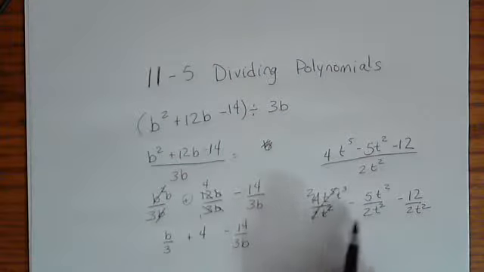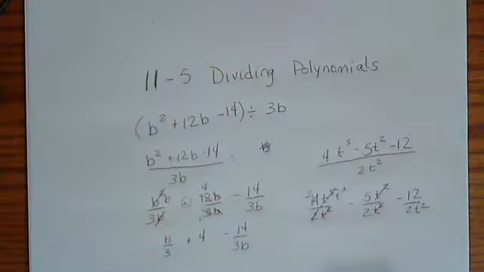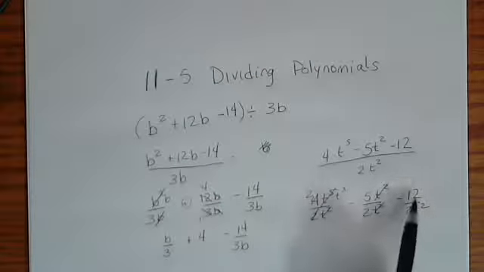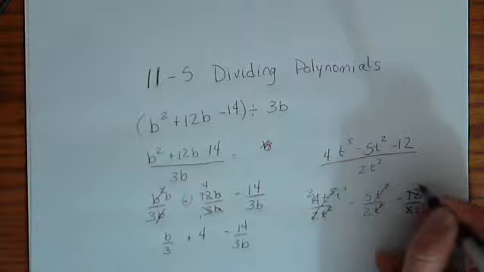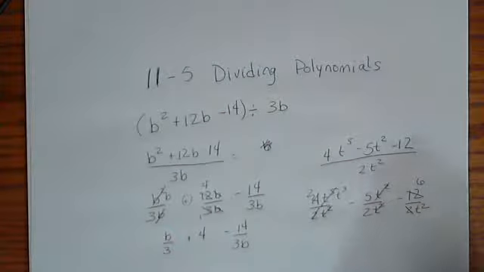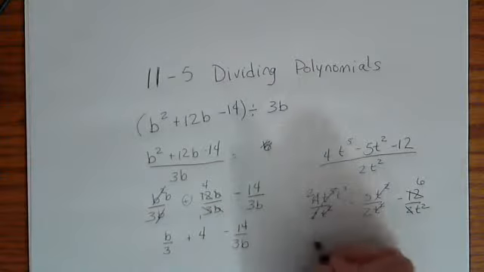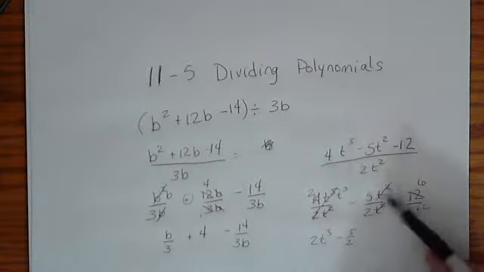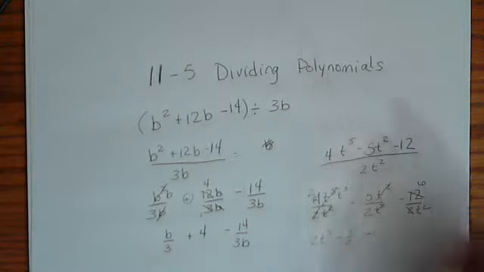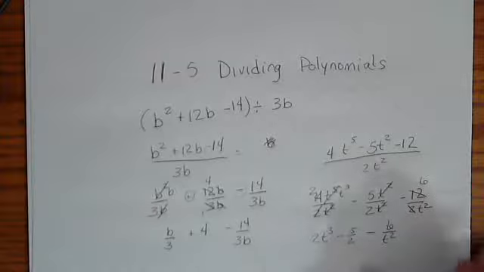And here, 5 over 2 doesn't simplify, but I have a t squared over t squared, and that does simplify. Those will just be 1's on top and bottom. Here I've got a 12 over 2, and if I simplify that, the 2 goes into 12 6 times, and I've got a t squared on the bottom. So this whole thing reduces to 2t cubed minus 5 halves, because the t squared's canceled out, minus 6 over t squared. And that's how we would reduce that problem.